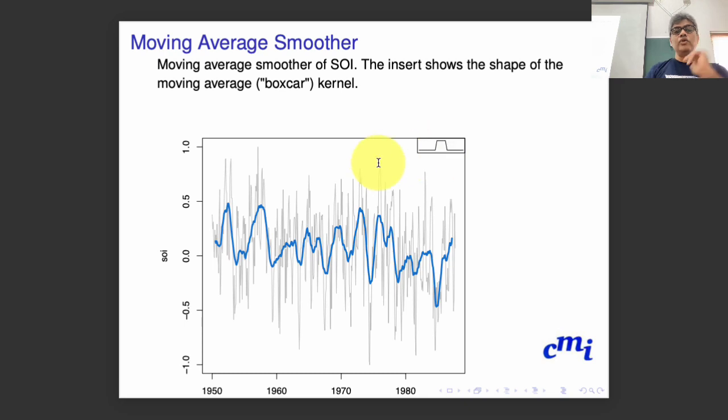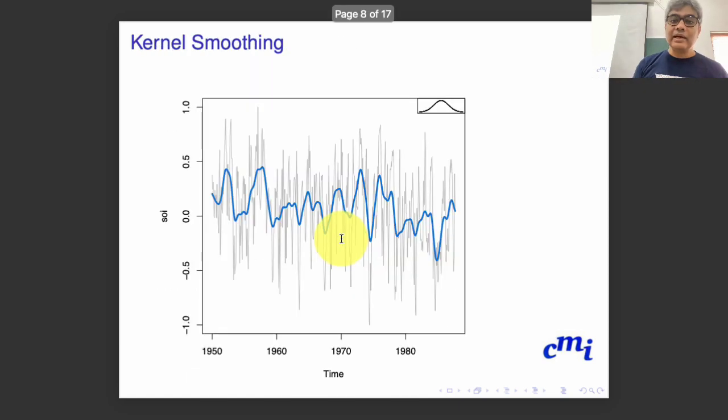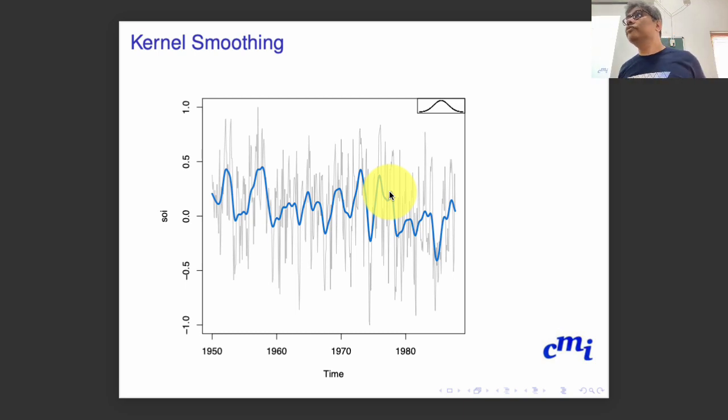Because of this discontinuity, you can see a lot of jitter is still left there. Whereas here the weight is much smoother, and that smoothness is bringing you a nice smooth curve. Obviously b will play a role in how smooth it will be. b is the bandwidth, how much band or weight you want to give. b will basically play a role like sigma.